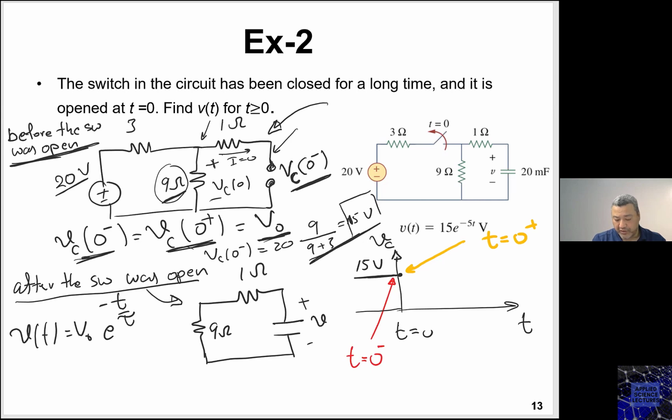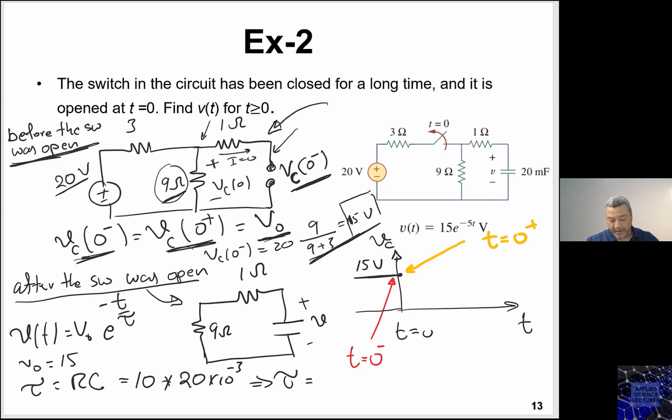V naught, you already calculated to be 15 volts, and tau to be RC, and here this R is 10, and this C is 20 milli, then tau is 0.2 second, right?